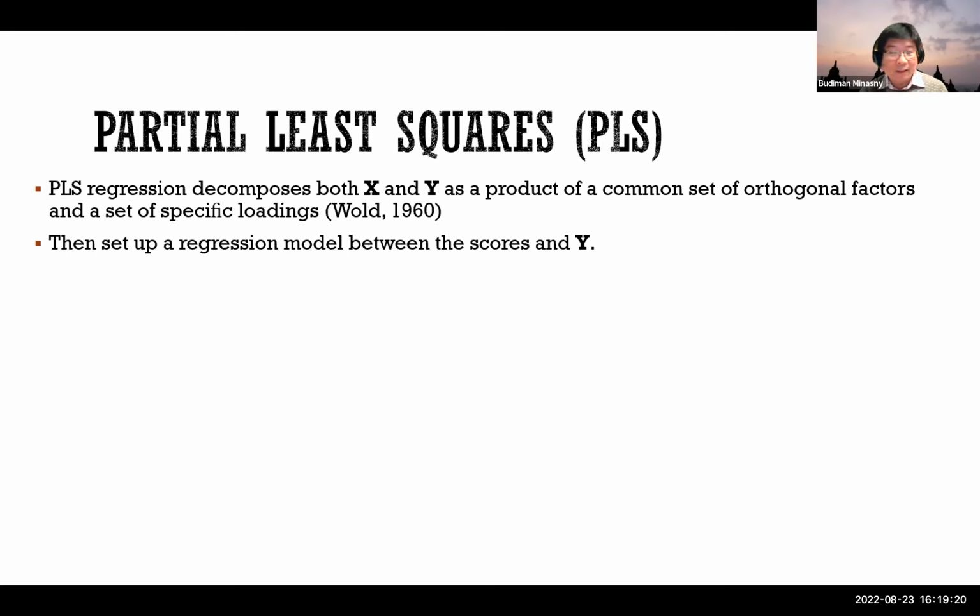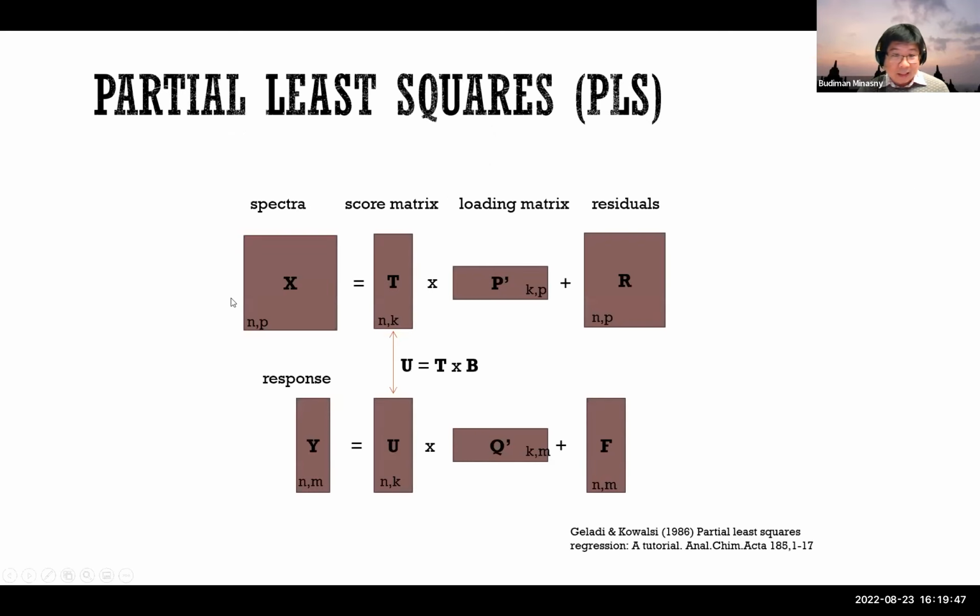But there's a particular method called partial least squares, which is similar to principal components. Principal component analysis only decomposes the explanatory variables, or your X variables, but PLS regression decomposes both the X and Y values into a common set of orthogonal factors or scores. So the spectra is decomposed into a score matrix that you multiply by a loading matrix.